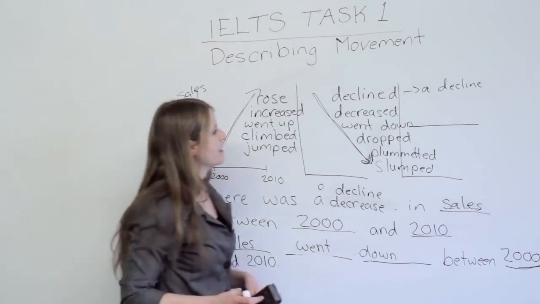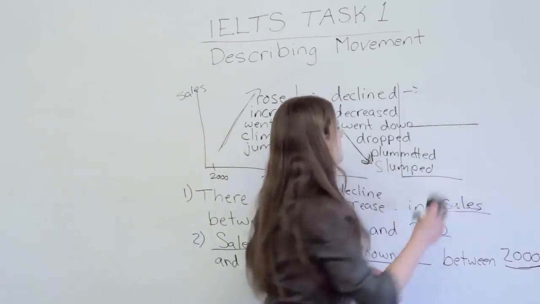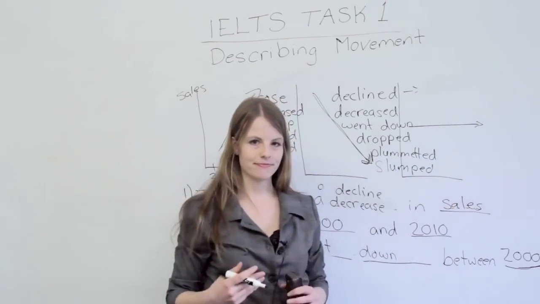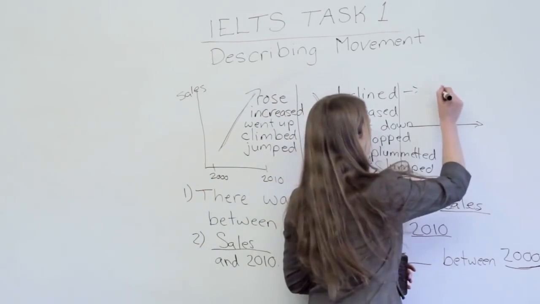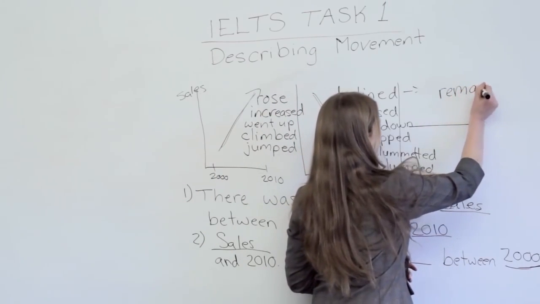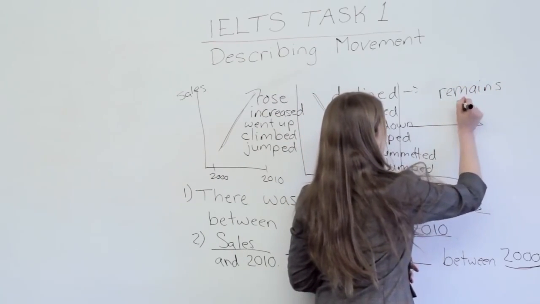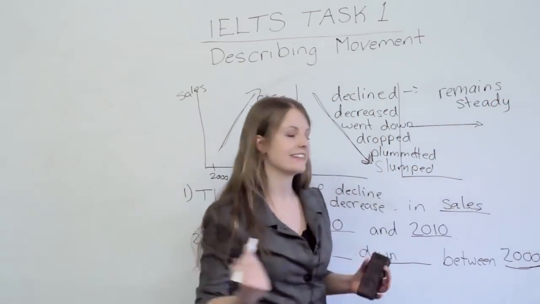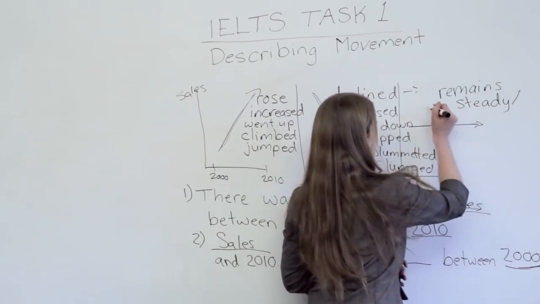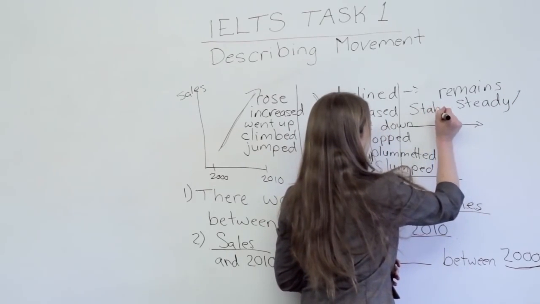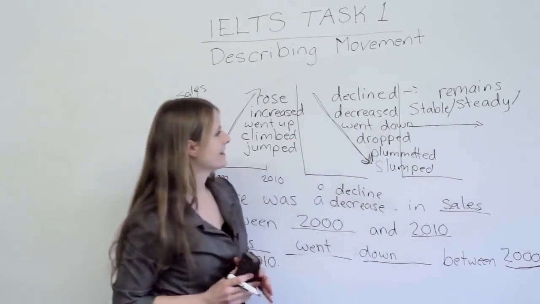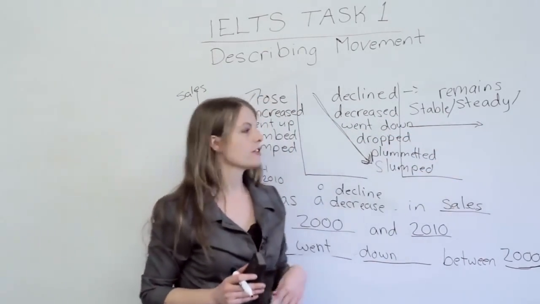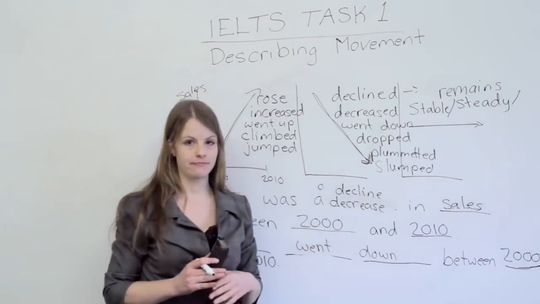Okay. So finally, the third trend is when nothing happens. We can say it remains steady. You can also say it remains stable. We can also call this a plateau.